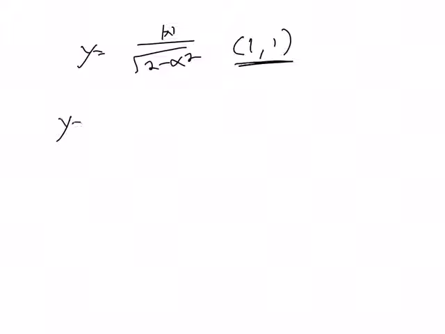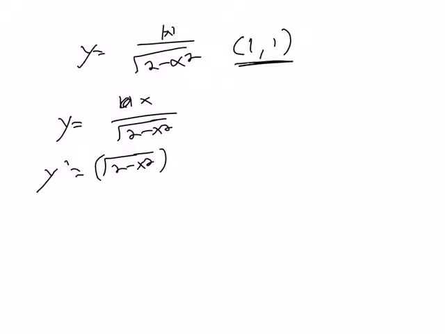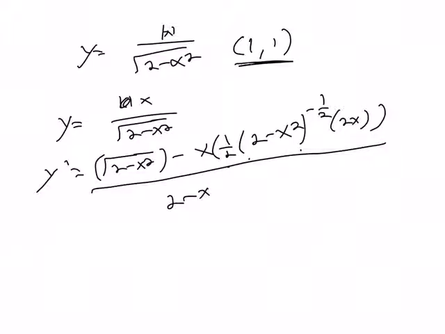So let's just take y is equal to x over the square root of 2 minus x squared. So we have y prime is equal to the square root of 2 minus x squared times the derivative of x, minus x times a half, 2 minus x squared to the negative a half times 2x, close that, all over 2 minus x squared.